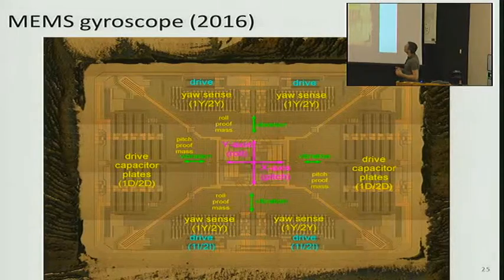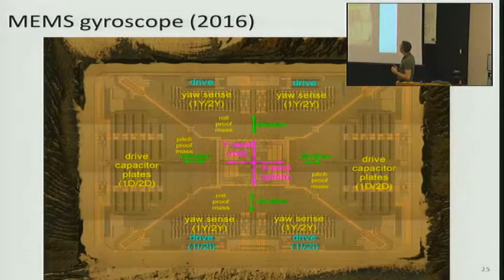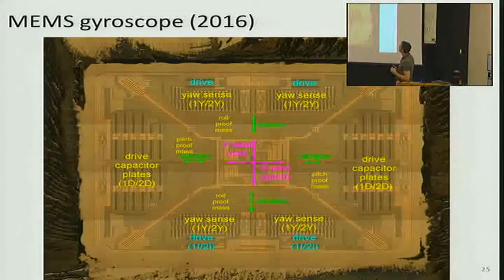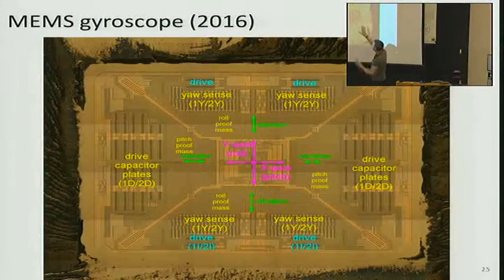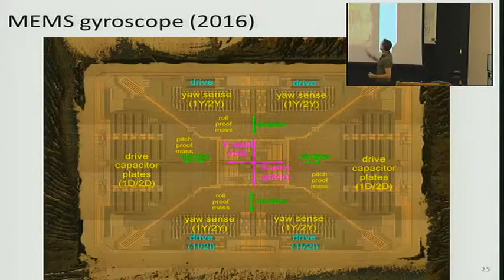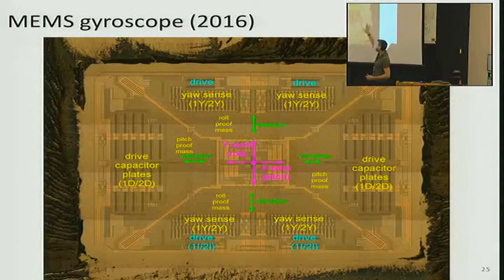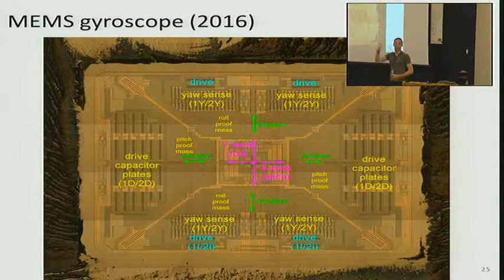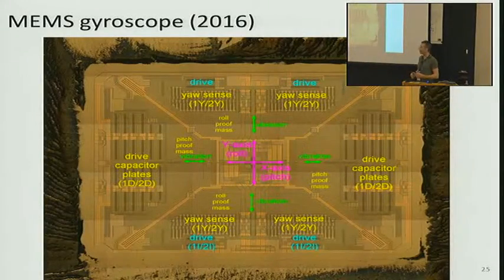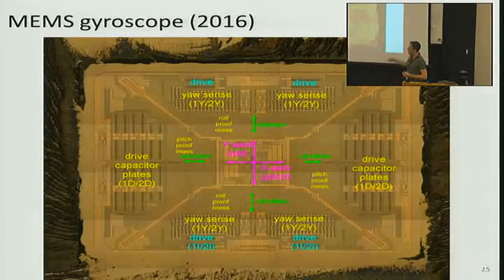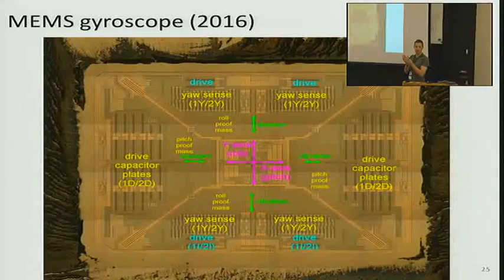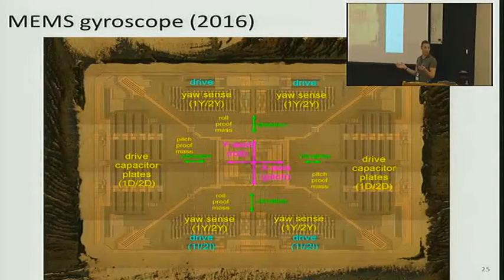So in this device, this micro-machined electromechanical structure, what you have is this whole middle section can move, and we have drive plates on these sides here that make it vibrate at about 20,000 hertz, and then on the top and the bottom you have sensors where the plates will move a little bit closer together or further away.